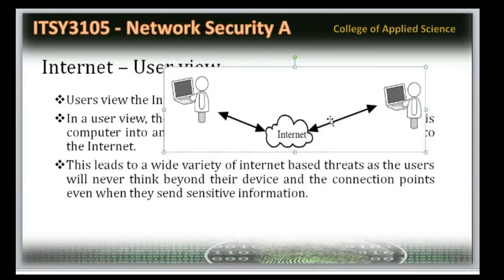In this place, there are plenty of threats available. You are going to send your data through an unknown network. Your data is going to travel through some unknown networks.